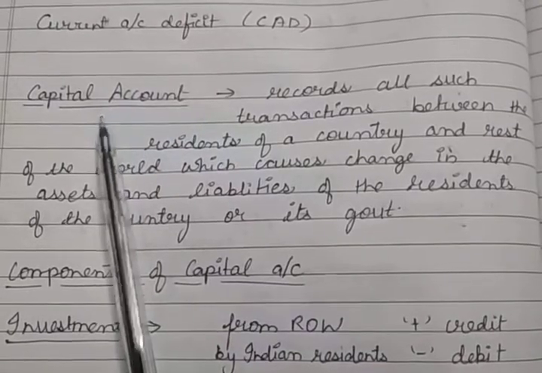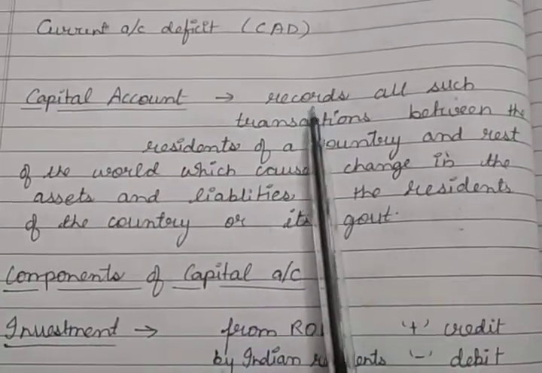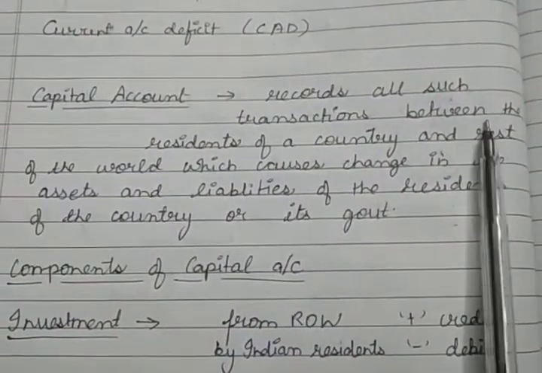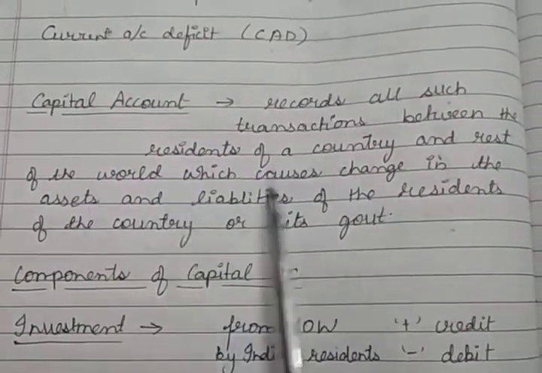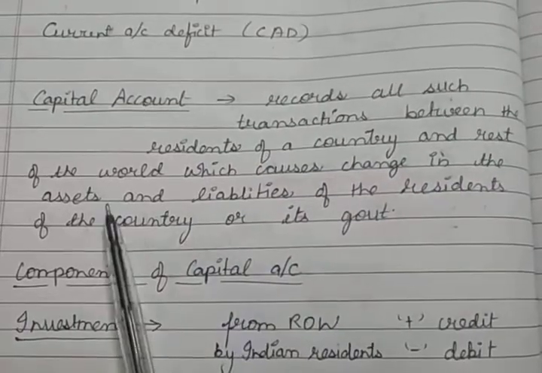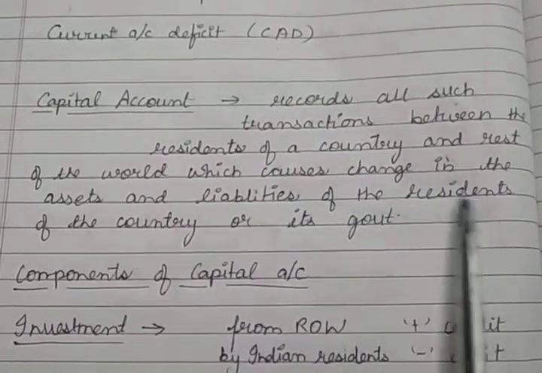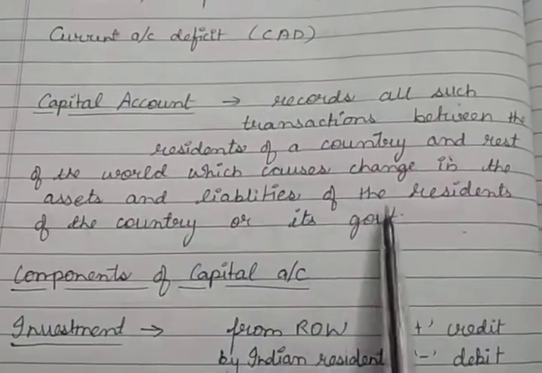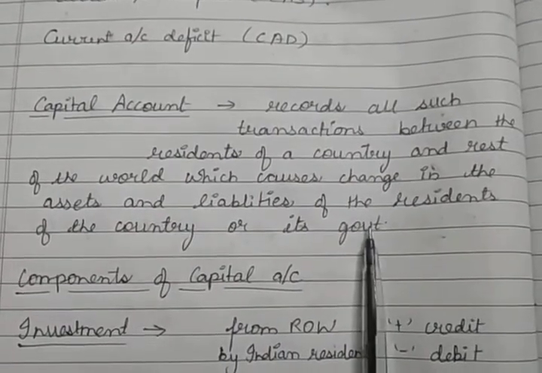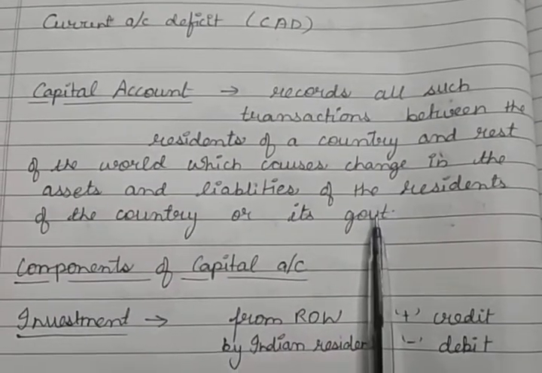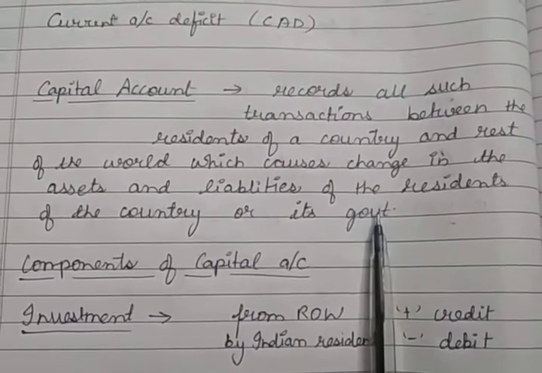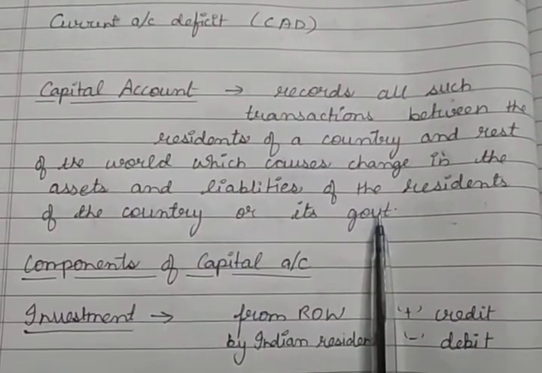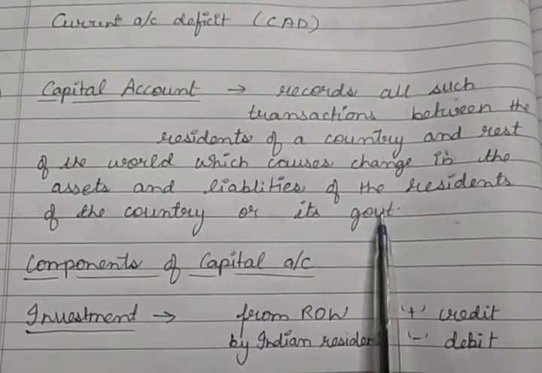Capital account of balance of payments records all such transactions between the residents of a country and the rest of the world which cause a change in the assets and the liabilities of the residents of the country or its government. That means this account records all those transactions which increase or decrease the assets or the liability status of the residents of the country or its government.